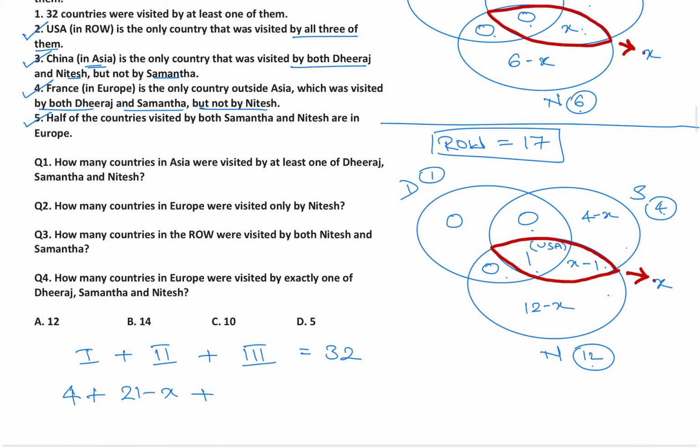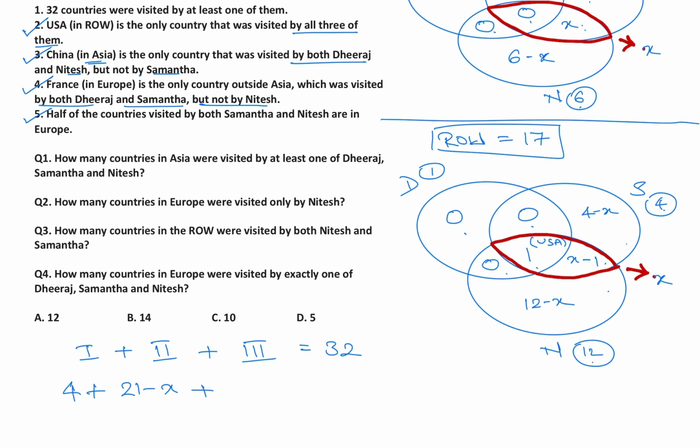And for rest of the world, exactly 1 is 0 plus 4 minus x plus 12 minus x, which is 16 minus 2x, plus 1, 17 minus 2x, and plus x minus 1. I'm sorry, 17 minus 2x plus x minus 1.